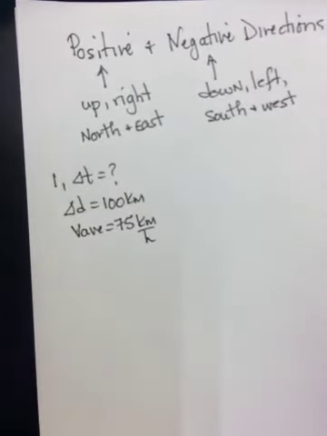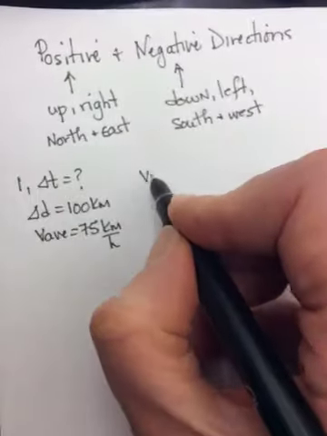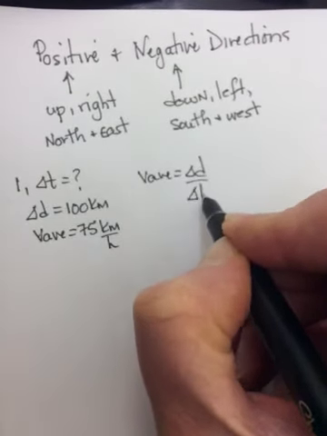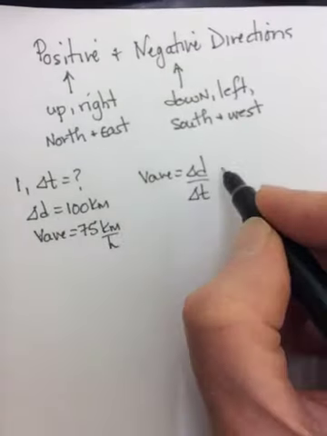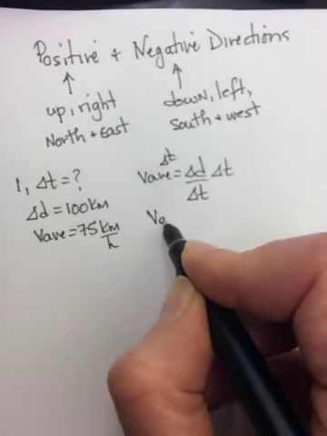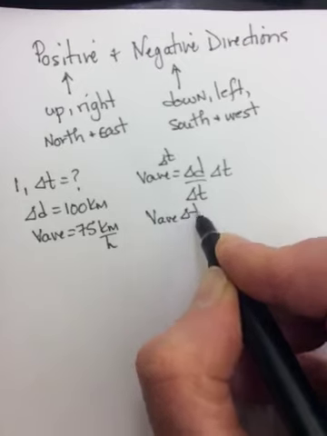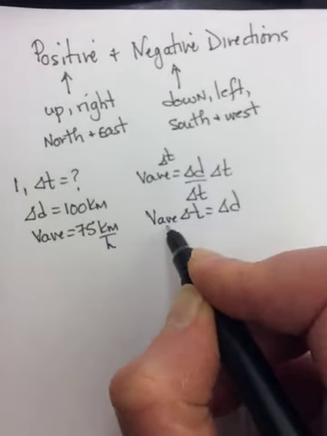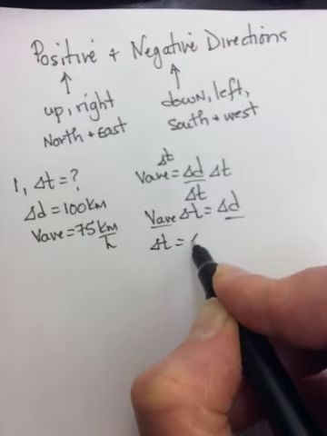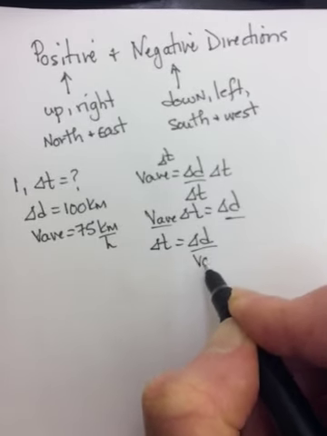So then I look at my equations and I say, oh, I have an equation that is v-av is equal to delta d over delta t, and I want to solve for delta t. So multiply both sides by delta t. So v-av delta t equals delta d, and now divide by the v-av. So delta t will equal delta d over v-av.